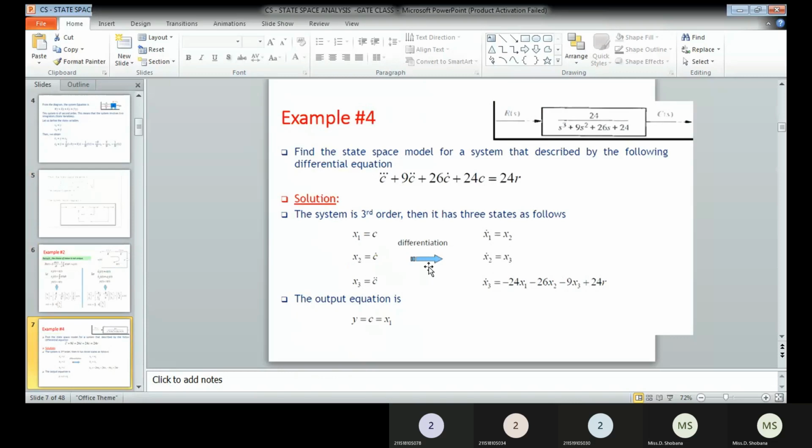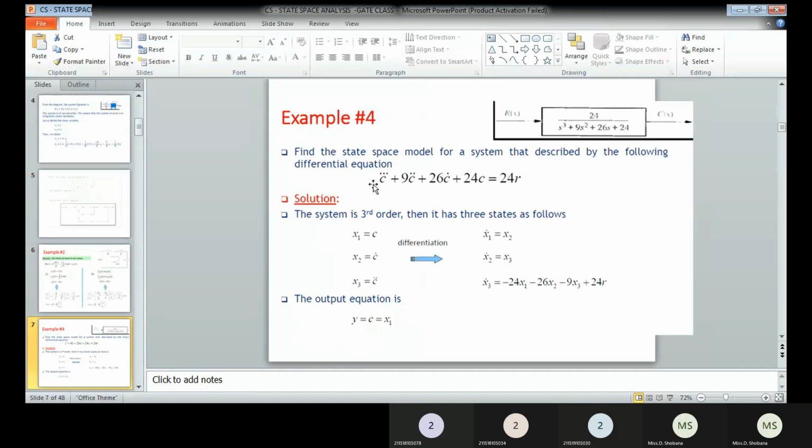First of all, we should assign the state variables. The system variable is nothing but c. Therefore, x1 is equal to c. The next state variable is the differentiation of this, so the differentiation of c is the second state variable, x2. The next state variable is the differentiation of c dot, therefore c double dot will be x3.